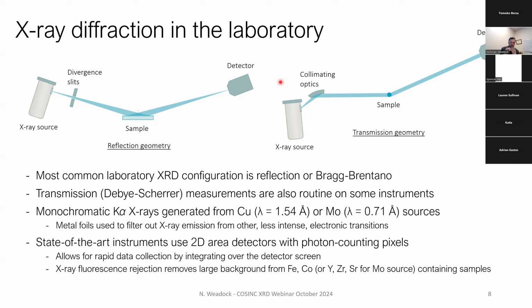So in the case of iron or cobalt containing samples with a copper source, or yttrium, zirconium, or strontium containing samples when you have a molybdenum source, you can use that energy discrimination to remove the large background you get from lower energy X-ray fluorescence from these materials.